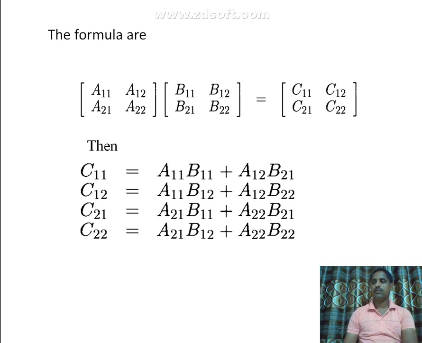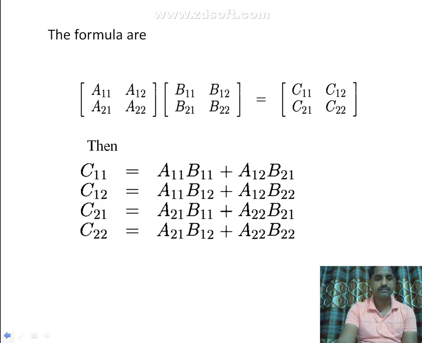The overall computing time T of n of matrix multiplication using the divide and conquer algorithm is given by the relation: T of n equals b for n less than or equal to 2, and 8T of n by 2 plus c n square for n greater than 2. That is big O of n cube. Whenever we compute these multiplications, the time complexity is big O of n cube.